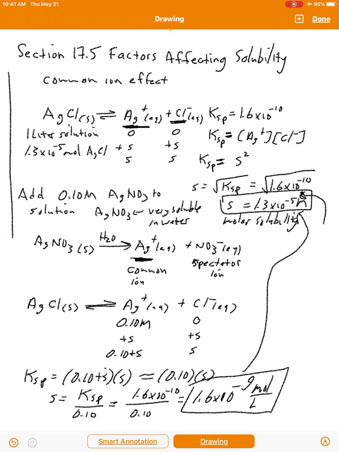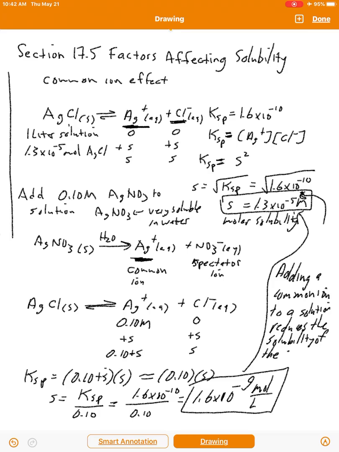So what that tells us is that adding a common ion to a solution reduces the solubility of the salt or of the compound. It's got to be a common ion. And there are two possible common ions we could use. We could use chloride.